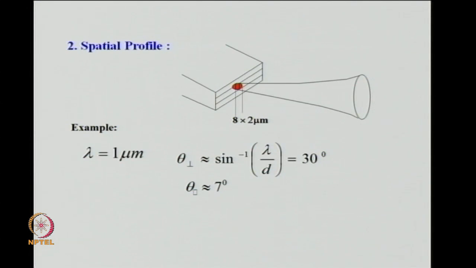So, the spatial profile of the beam is here. What is shown is the emission area here. Typical dimension is about 8 cross 2 micrometer, the spot size.